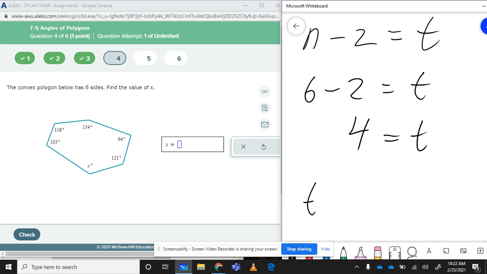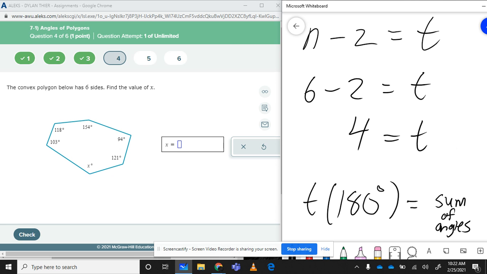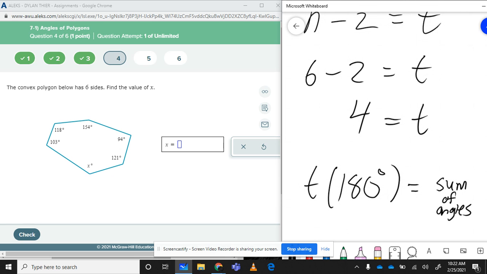I'm going to take my number of triangles times 180 degrees to get my sum of the angles. Okay, so in this case, I have 4 times 180.